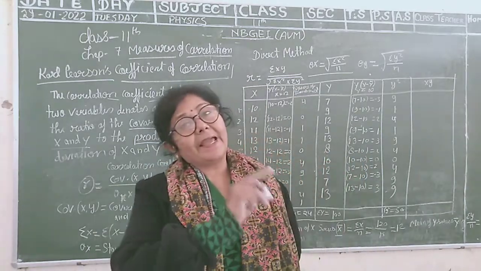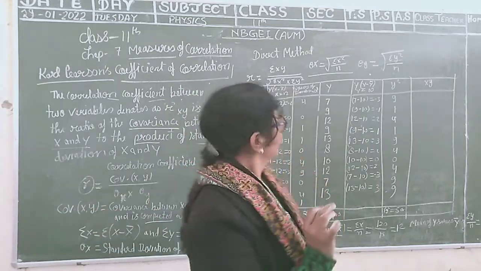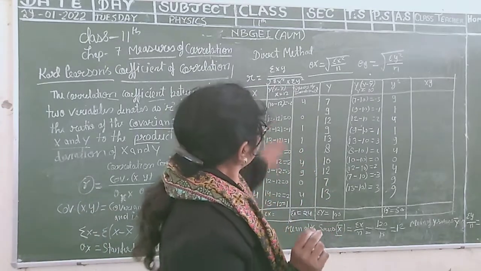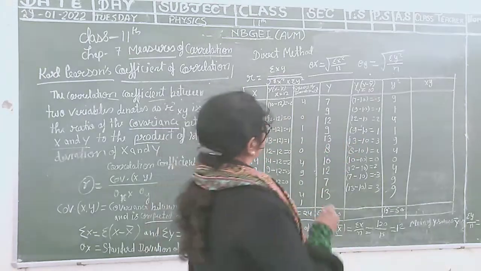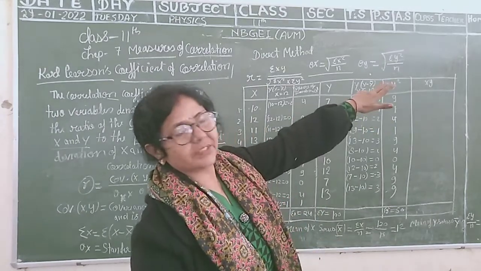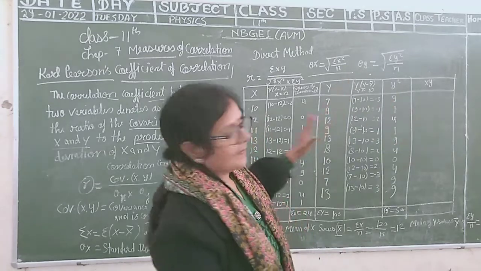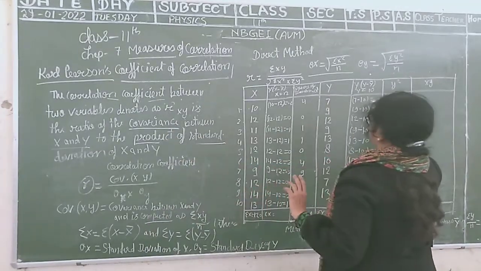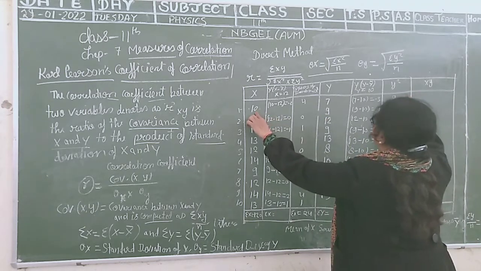Then calculating x into y. X into y. It means what are x and what are y? X 4 into 3. We will take 10 and 9.